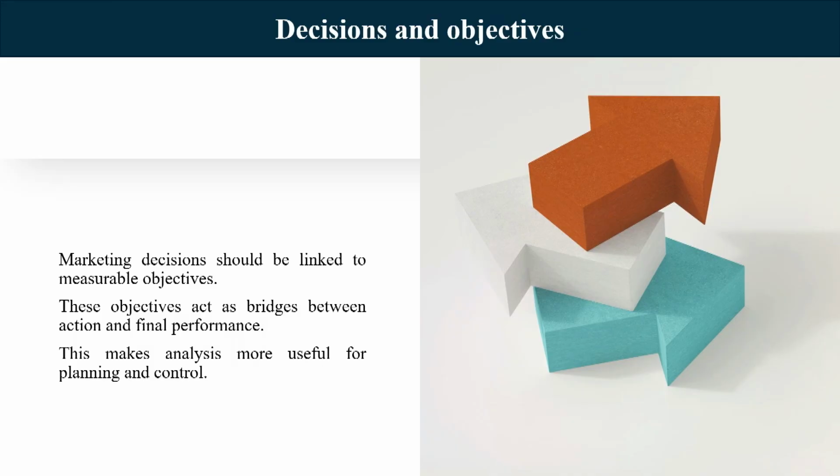And accordingly, we will evaluate the effectiveness of that particular marketing initiative. These objectives act as the bridge between the action and the final performance, the way awareness can act as a bridge between the advertisement and the actual sales.